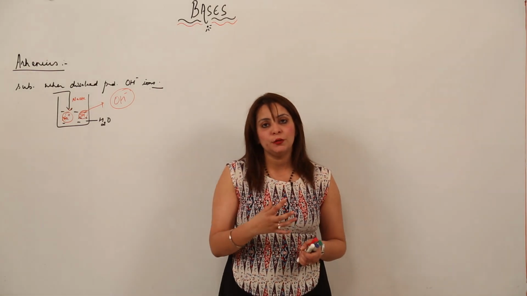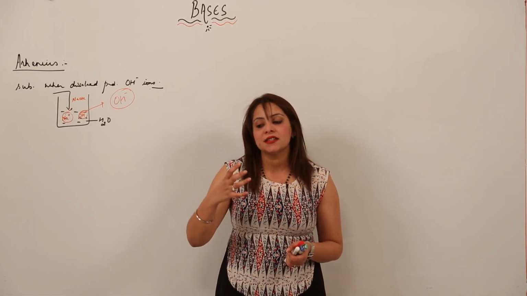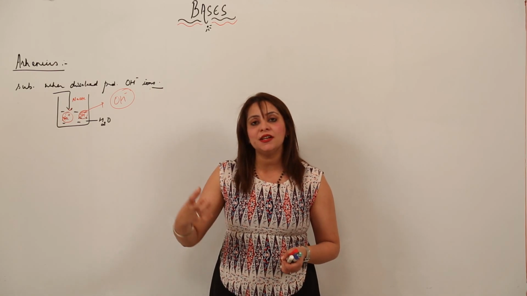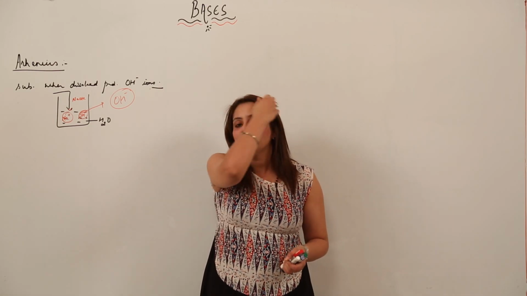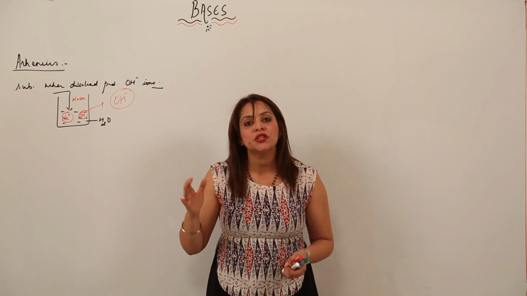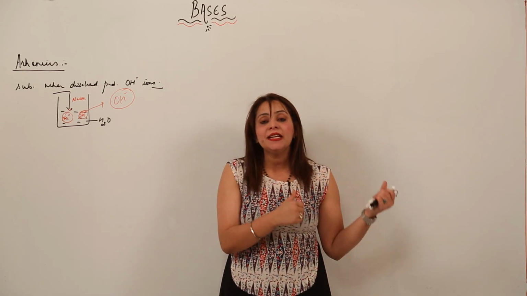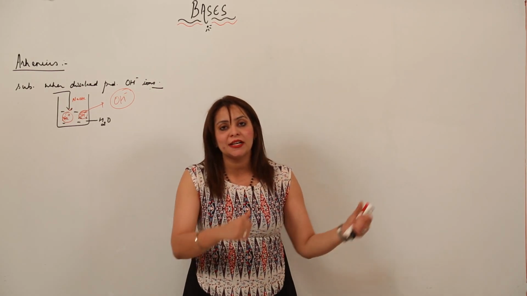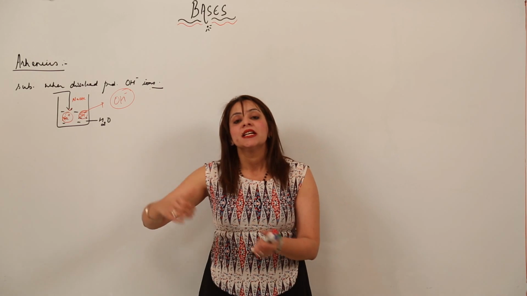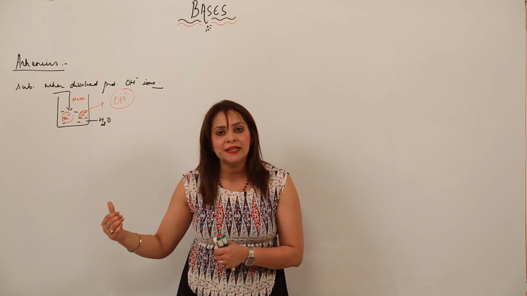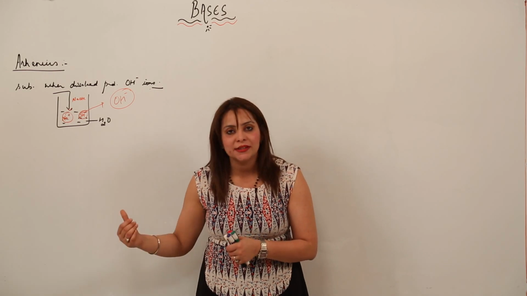So if somebody asks you about bases, just say that according to the Arrhenius theory, bases are those substances which, when dissolved in water, produce hydroxide ion, that is the OH negative ion. Like in acids, where the substances which when dissolved in water produce hydronium ion are called acids, likewise the substances which when dissolved in water produce hydroxide ion are called bases.